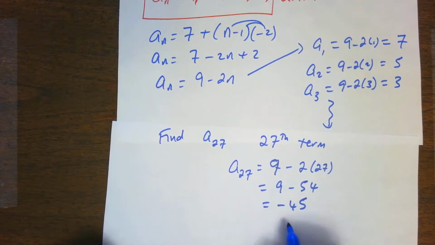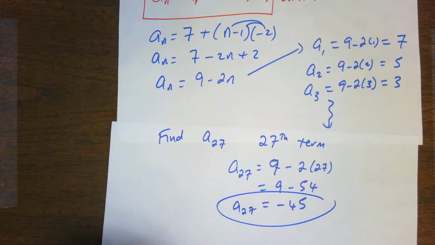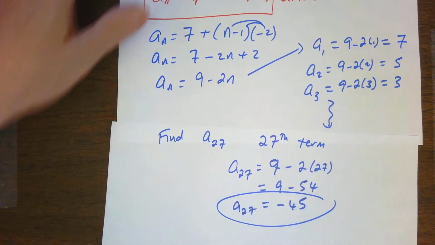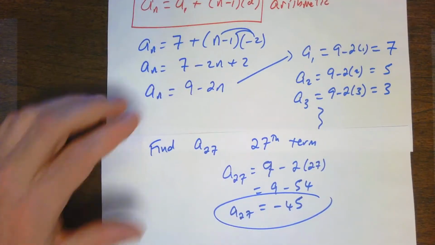So my 27th term is negative 45. Find it just using the formula there. So this is an explicit rule. This formula here is an explicit rule.